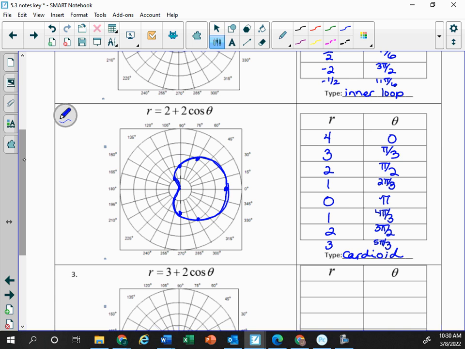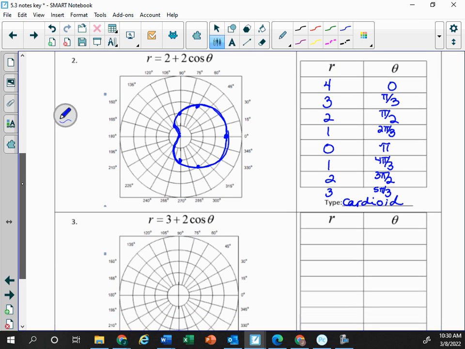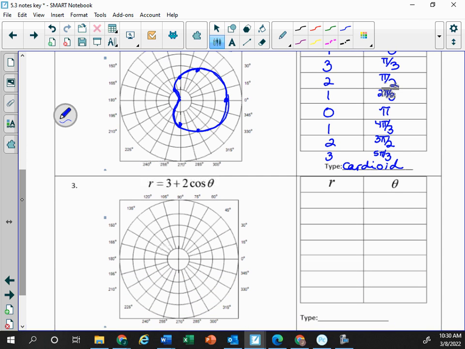All right, let's draw another one. All right, guys. I'll give you the thetas. I want you to try to fill in your chart for me this time. The same thetas as last one, since it's cosine again. Try to fill in your r's, and then we'll plot them together.